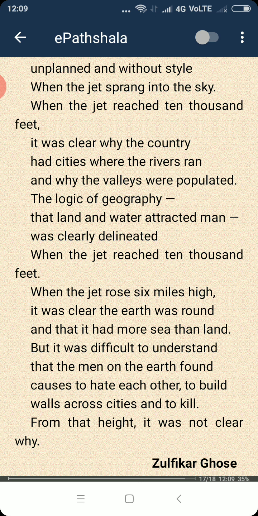You see, the poet Zulfikar Ghose gives us an idea of how the earth looks from distance from the sky. Seen from the moon or from the space, the earth is one blue planet.